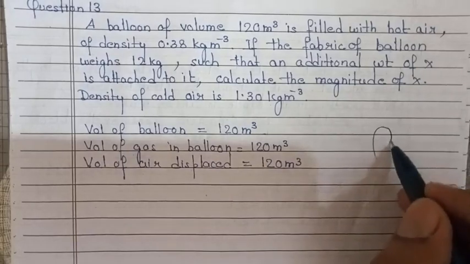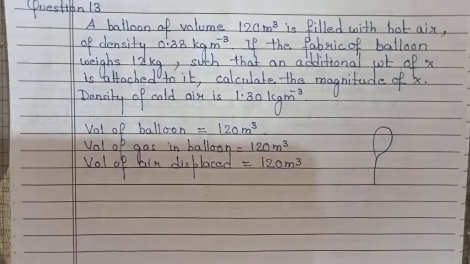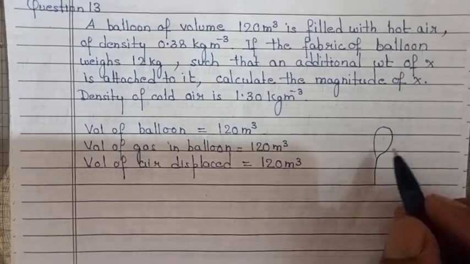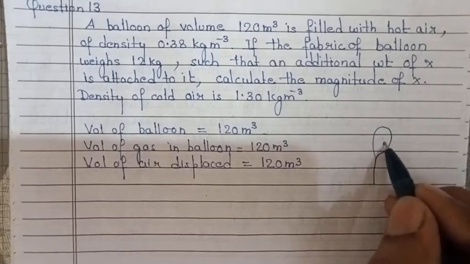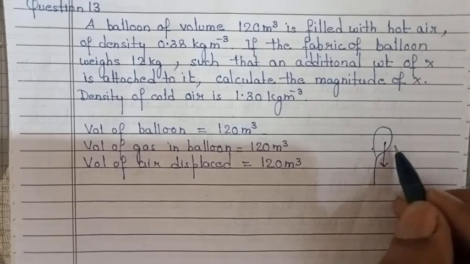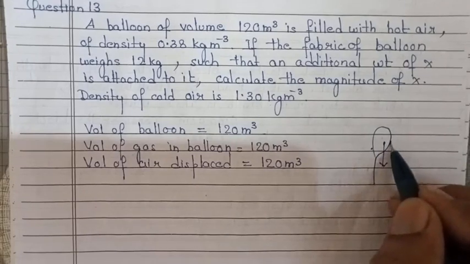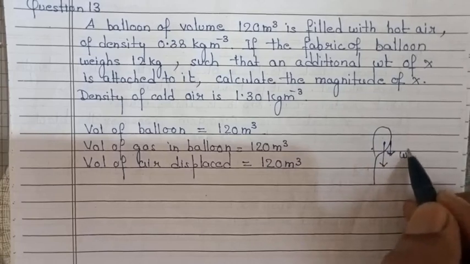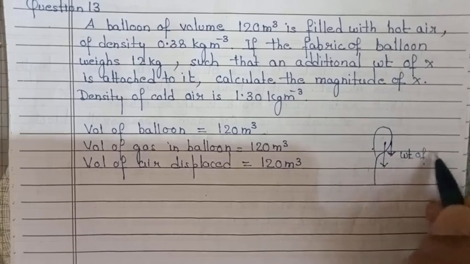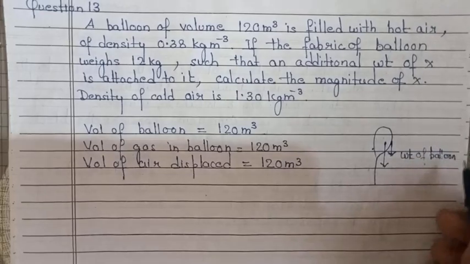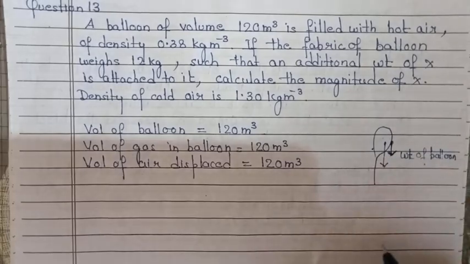Now when this balloon was placed in air, you can see three forces will be acting on the balloon. The first force will be the weight of the balloon. Now this force will be acting in the downward direction.